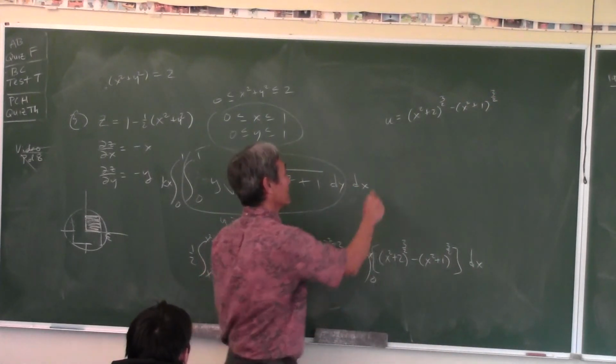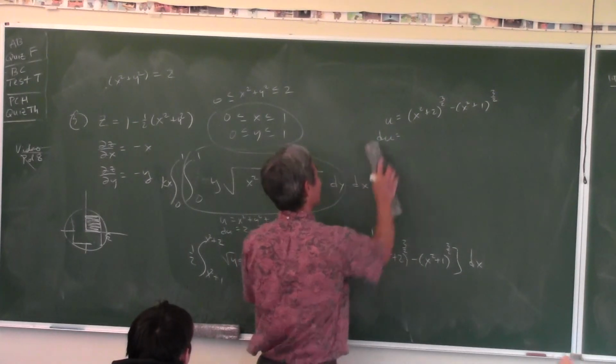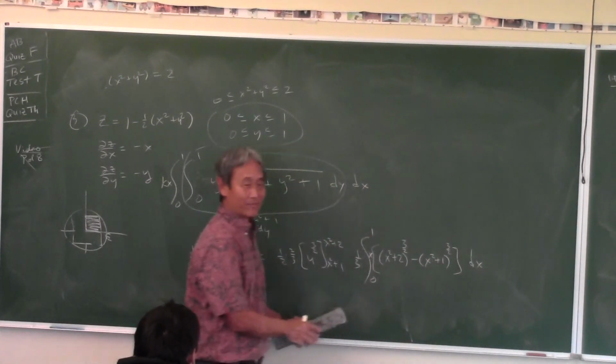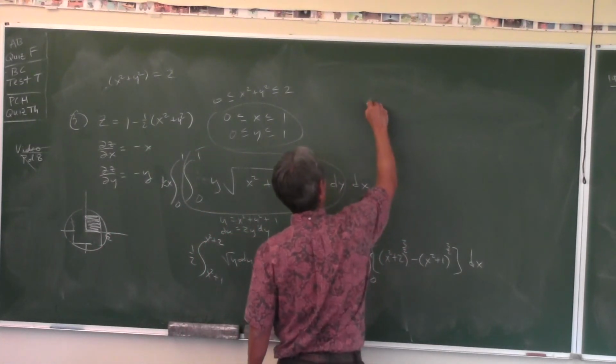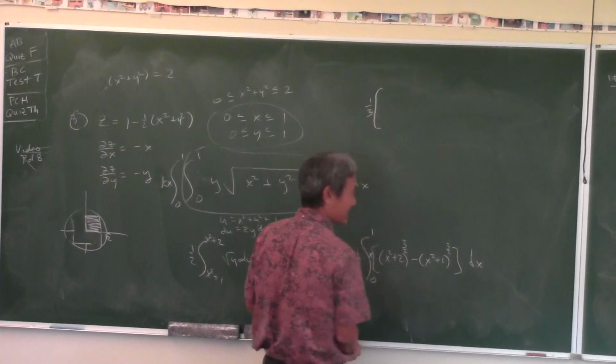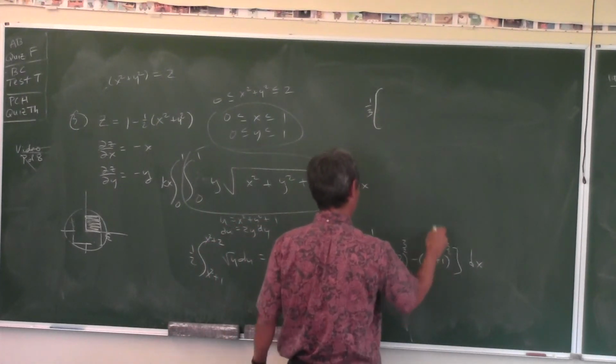So du equals, wait a minute, what the heck am I doing? There's nothing massive about it. Sorry, I thought I saw something clever, but I didn't. Okay, so we just have to split it into separate integrals.